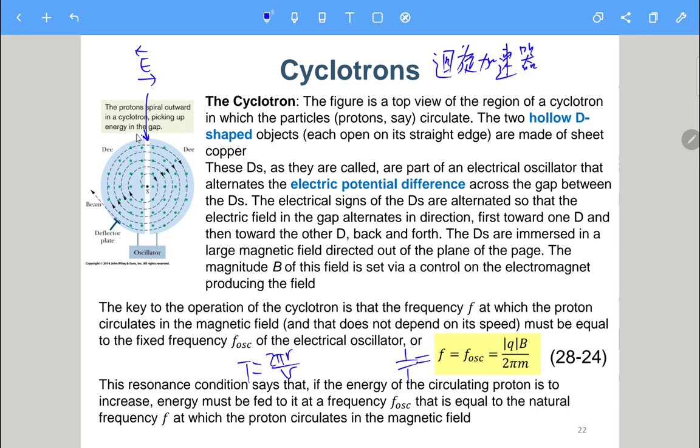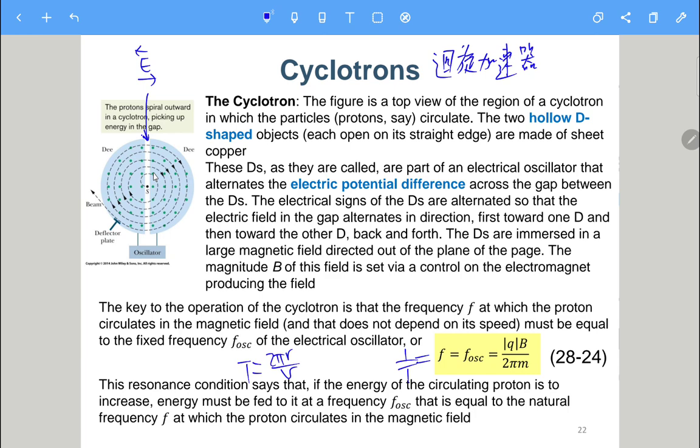Because if we don't have this gap, and we have a uniform B field and the charged particle goes into this region, then it will have circular motion. So the punchline here is that we separate this circle a bit, and then we make the charged particle accelerate from time to time. Then the velocity will become higher and higher.